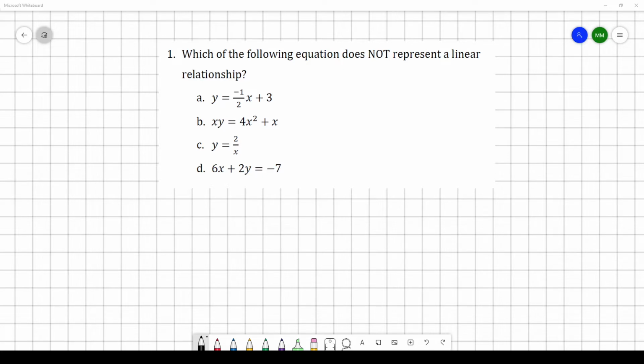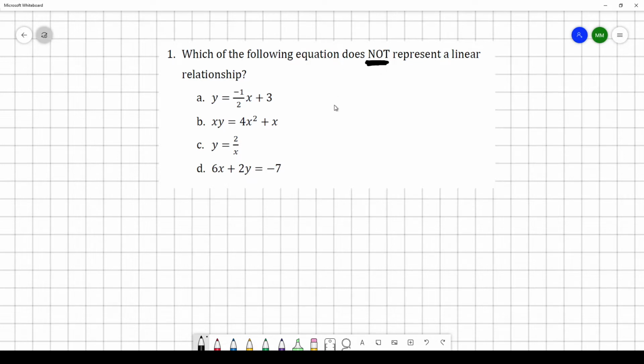Yeah, so you can open up the notes as I'm going over the questions today. The first question is mainly about the first set of notes. Essentially, we want to find the one that's not linear.